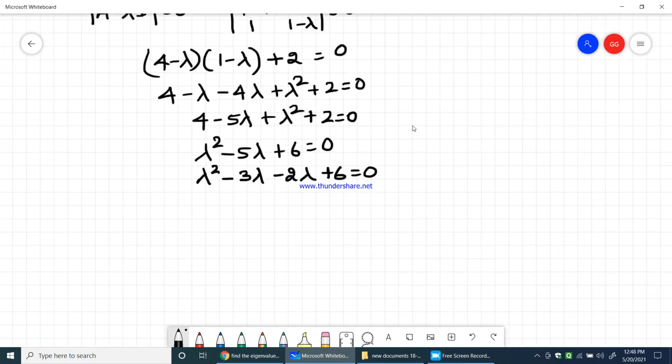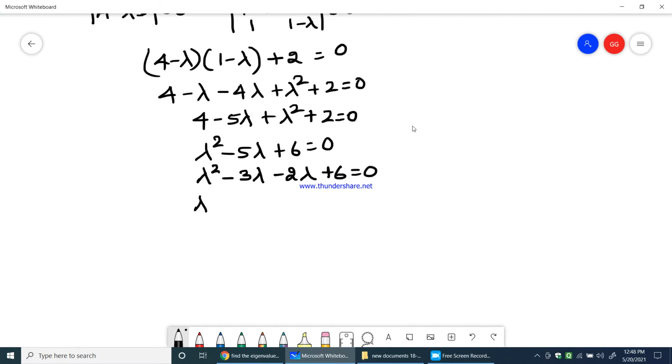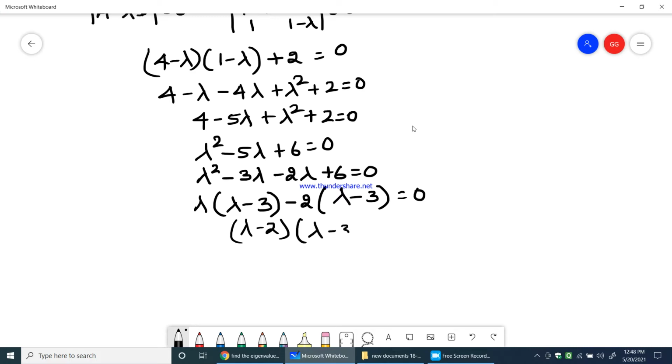If I take lambda common, I'll get lambda minus 3, and here I'll take minus 2 common, so I'll get lambda minus 3. So lambda minus 2 multiplied by lambda minus 3 equals 0. Therefore the two eigenvalues are lambda 1 equals 2 and lambda 2 equals 3.